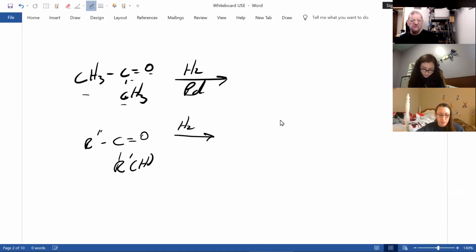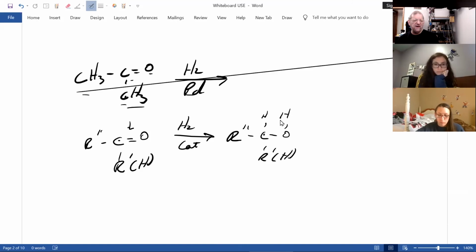And what's this? Palladium, that's a catalyst. You break the pi bond right here. What's attached to this carbon is still attached. And each atom of the double bond gets a hydrogen.